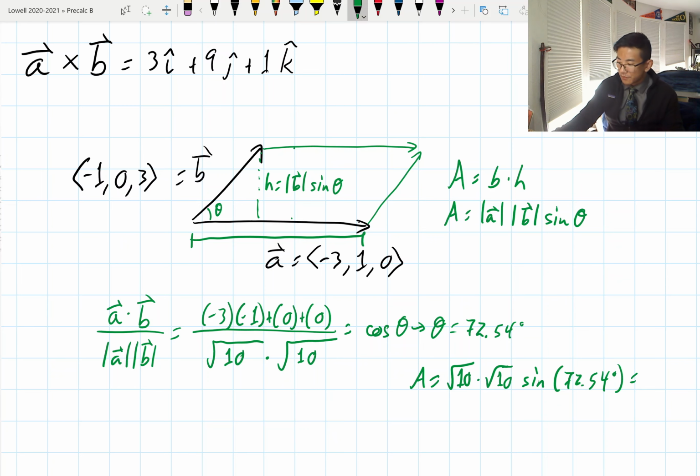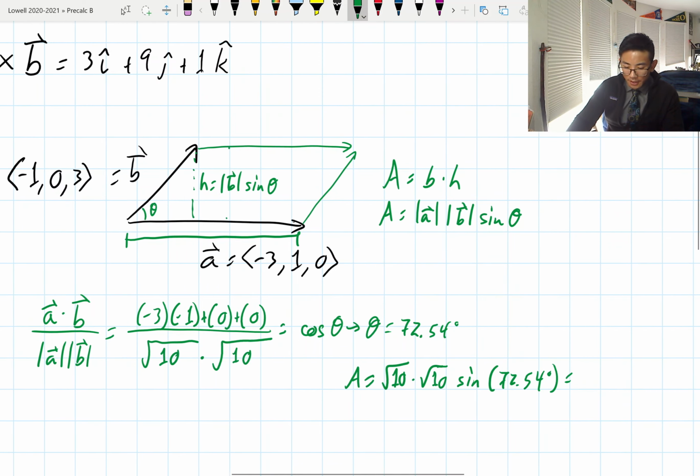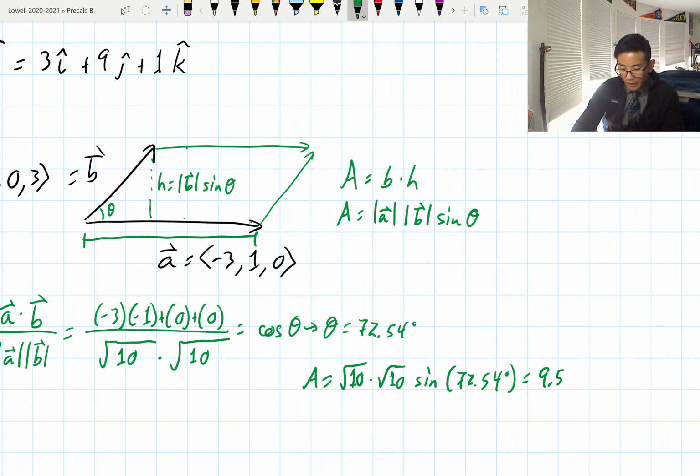When I do this, I end up getting about 9.539392014. There's a reason I'm doing all this. That's a number, it's whatever it is. It probably goes on even longer than my calculator says.